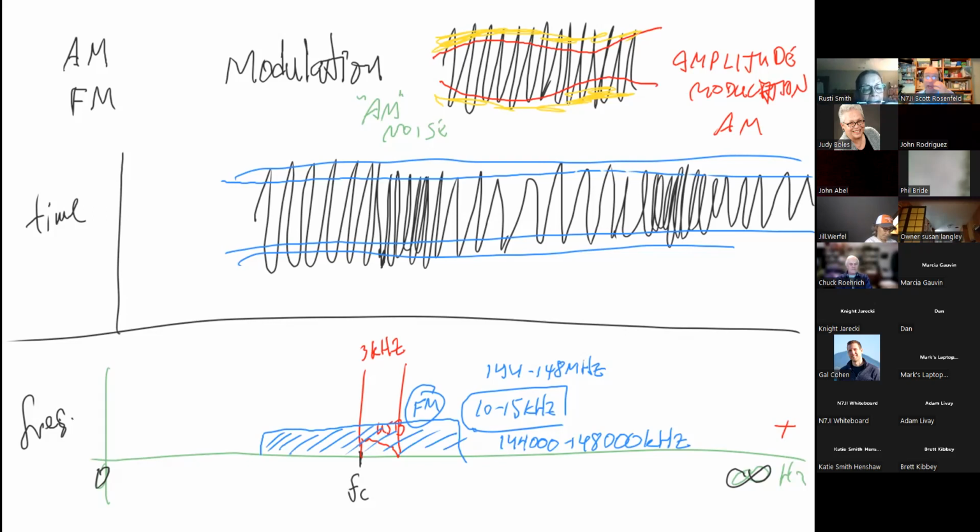If we were to look at the spectrum of commercial broadcast band FM radio, it would actually be about this big. That big green swath. Now, that's not obviously from 0 to infinity, but that's actually about 200 kilohertz wide.